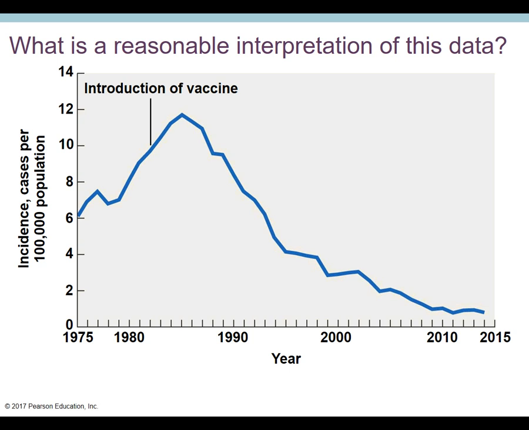So maybe the most reasonable interpretation of this data is that vaccines work. Because we see this kind of pattern over and over again, no matter what vaccine in particular the data is focusing on. So that is my coverage of Chapter 24.